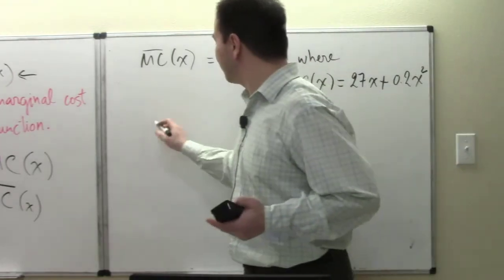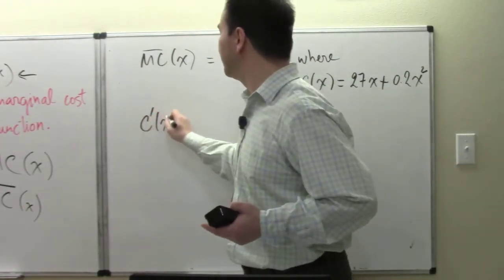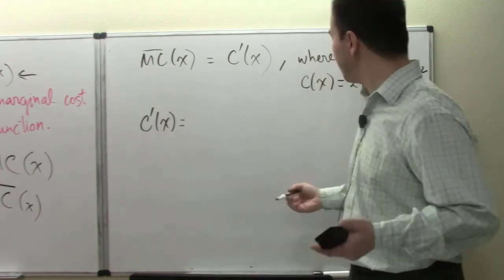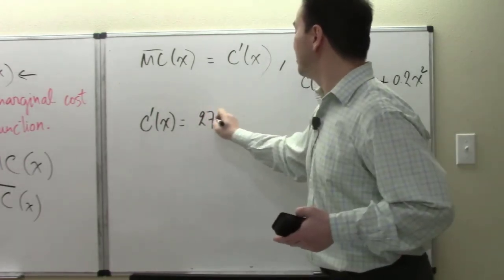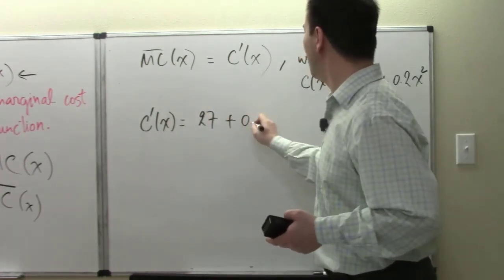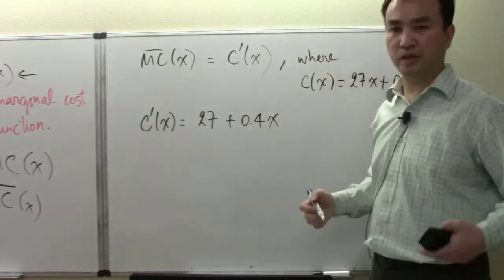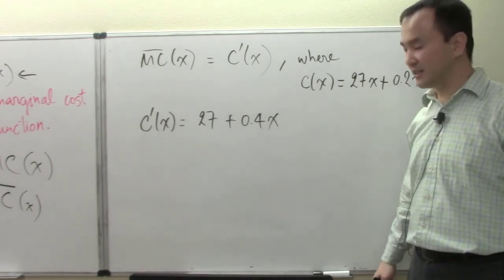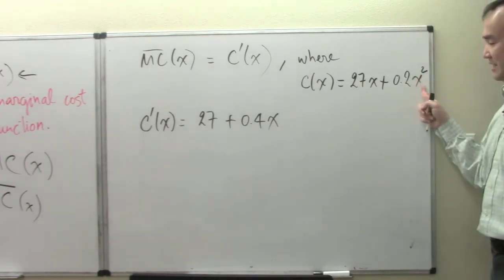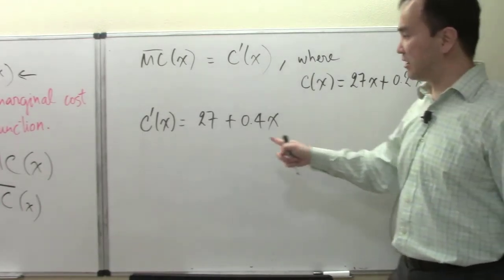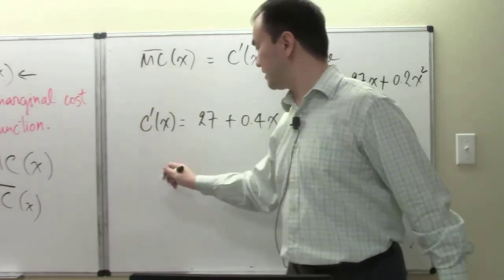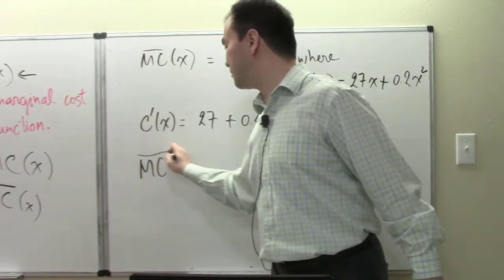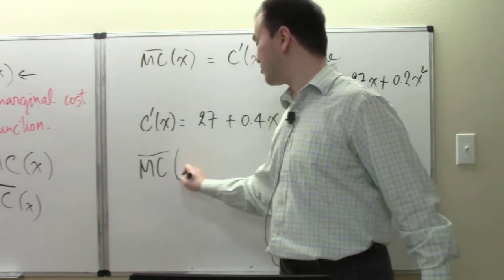Now our C prime is as easy as 27 plus 0.4x, as we simply apply the basic derivative rules, including the power rule. That's our C prime of x, to be understood as the marginal cost function.